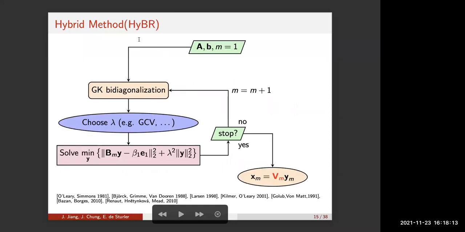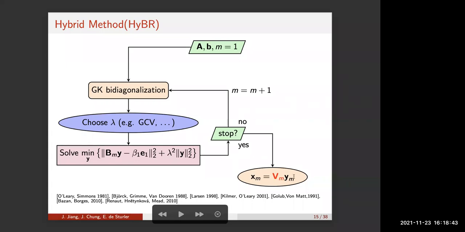So the whole process of the hybrid method is: given the forward model A and the observation B, we apply the Golub-Kahn bidiagonalization to iteratively project the original problem onto this small scale projected problem. And then we apply the techniques to get an appropriate choice of the regularization parameter lambda, and then we can solve this projected problem very well.